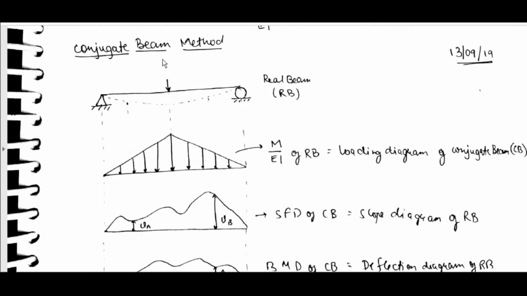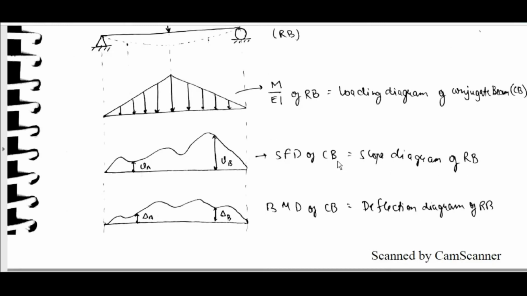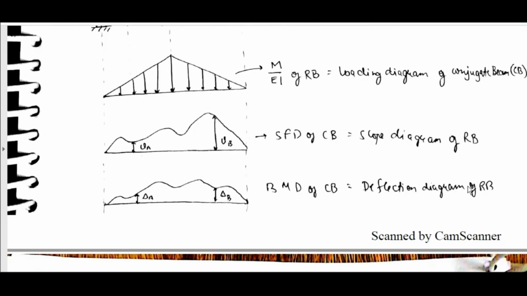One more method is the conjugate beam method. If this is the real beam, the M by EI diagram of the real beam is equal to the loading diagram of the conjugate beam. SFD of the conjugate beam is equal to the slope diagram of the real beam. BMD of the conjugate beam is equal to the deflection diagram of the real beam. See, follow this sequence.